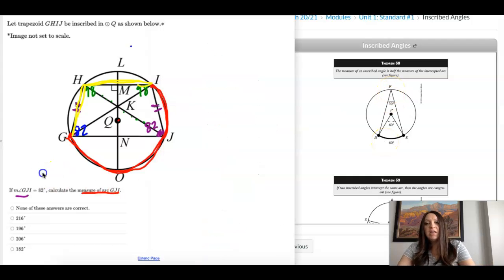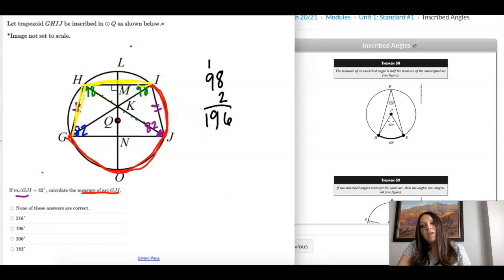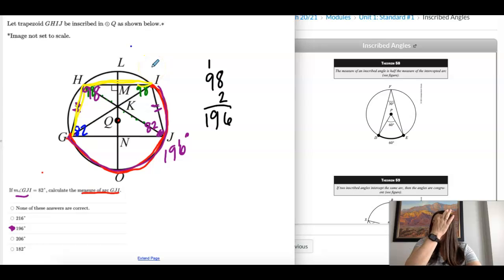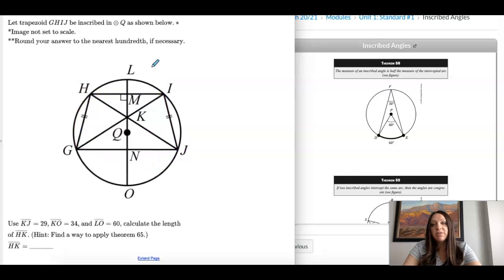So if I take 98 plus 98, or 98 times 2, I'm going to get 196. So since this angle is 98, this arc length will be double that, which is 196. Okay, so technically on this problem, we really had to use 1.3 material, so we can't forget that stuff.